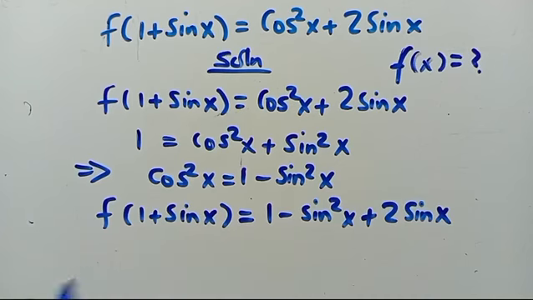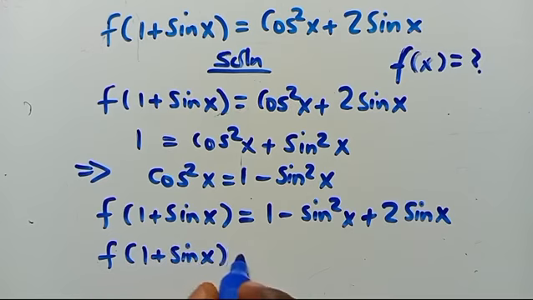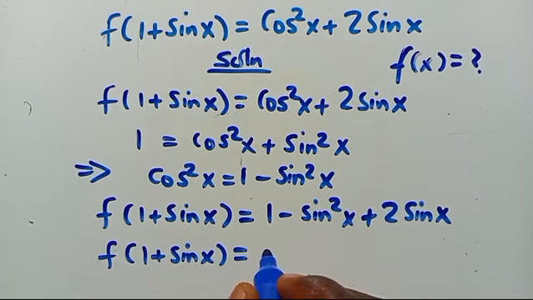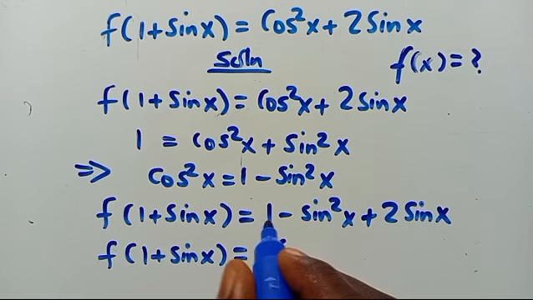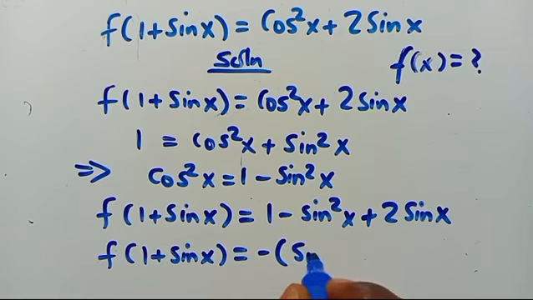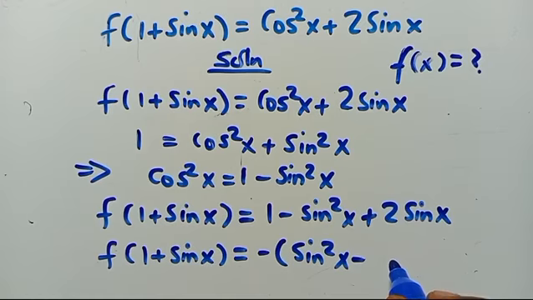So let's see how to do it. It's very simple. From here, we have f of 1 plus sin x to be, let us factor negative from here. So here will now be minus sin²x, here will now be minus 2 sin x minus 1.